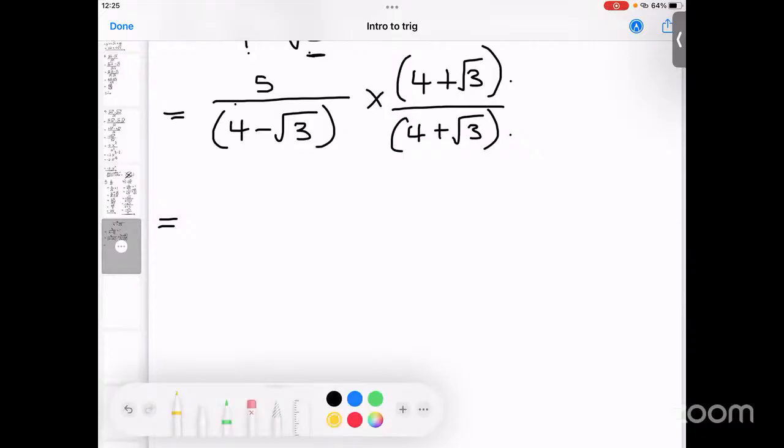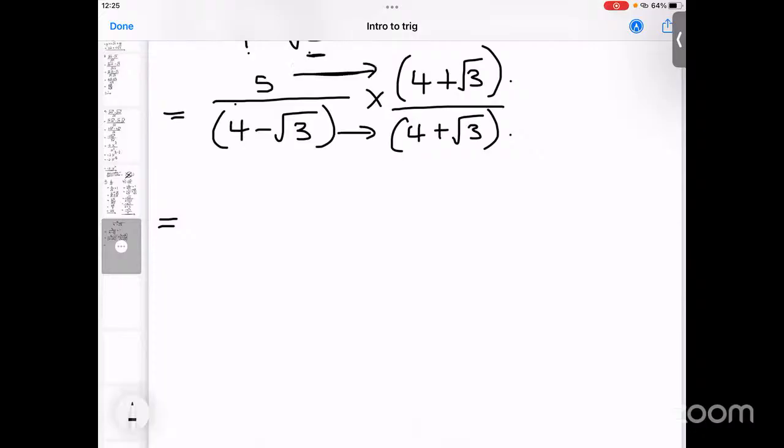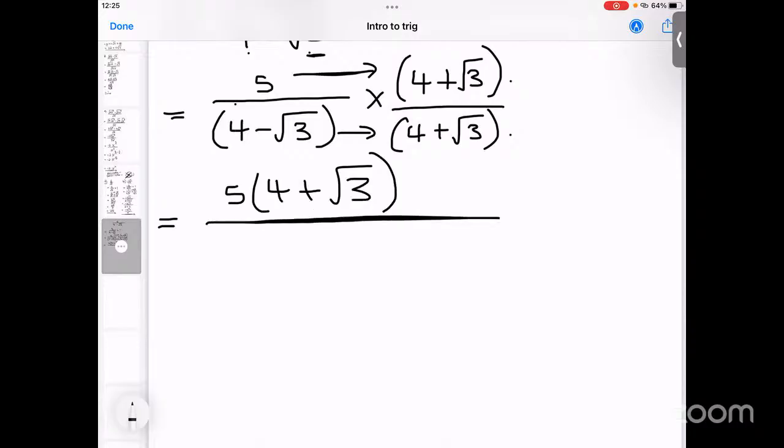Let's look at it. Obviously, this multiplies that and that multiplies that. So that means you're having 5, which is multiplying 4, that you plus it by square root of that, divided by this thing. Is it not the same as the difference between 2 squares?